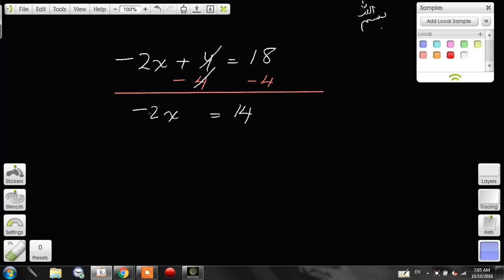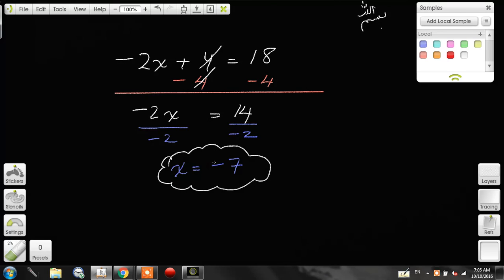And then we have to get rid of this negative 2, right? So you divide both sides by negative 2, because negative 2 divided by negative 2 is just 1. So this becomes 1x equals 14 divided by negative 2 is negative 7. Positive divided by negative is a negative number. x is equal to negative 7.